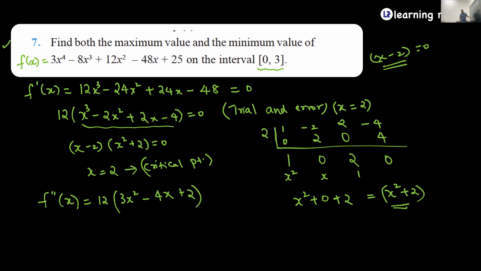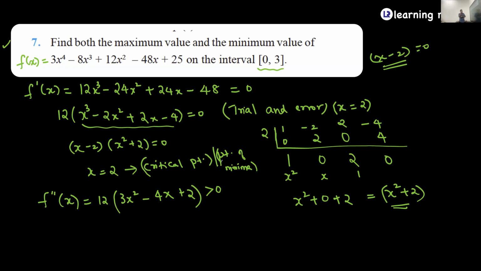So 12 minus 8. So 12 minus 8 is 4 plus 2, 6. It's a positive value. So it is greater than 0. So x is equal to 2 will be the point of minima. I hope I'm clear till this point. So it is going to be the point of minimum.